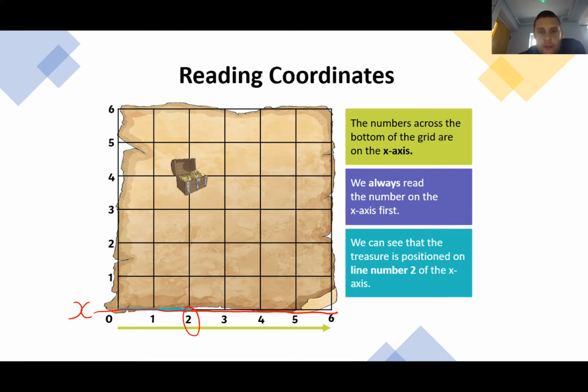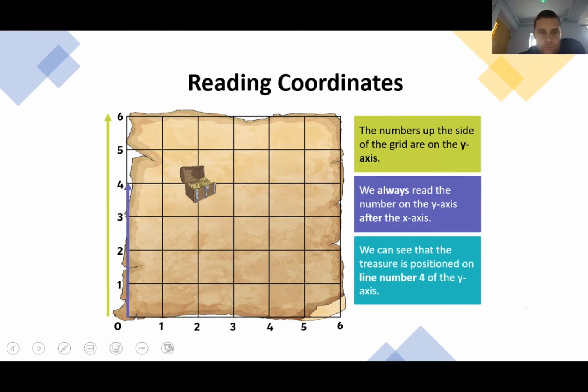Okay. Next of all, we have to look how high or how far up the treasure is sat. And this axis is called our y-axis. So our vertical line, as you can see on here, is going from 0 all the way up to 6. The line should be straight.